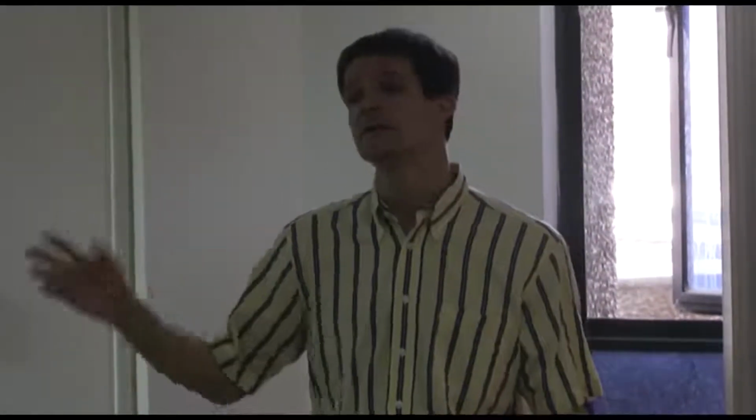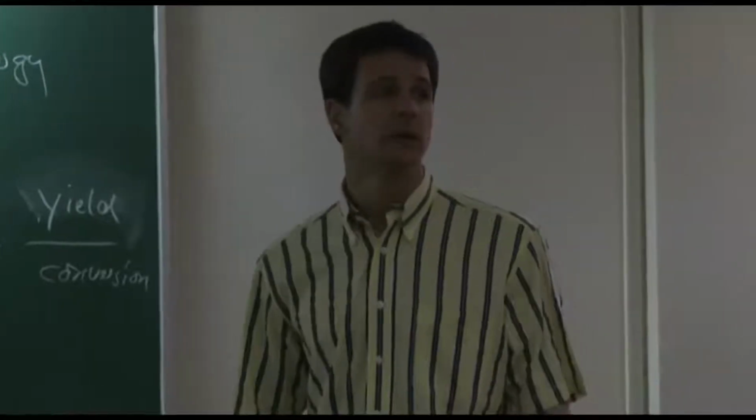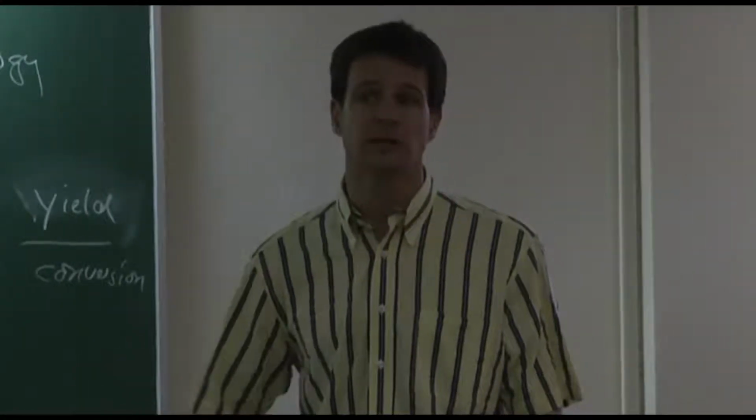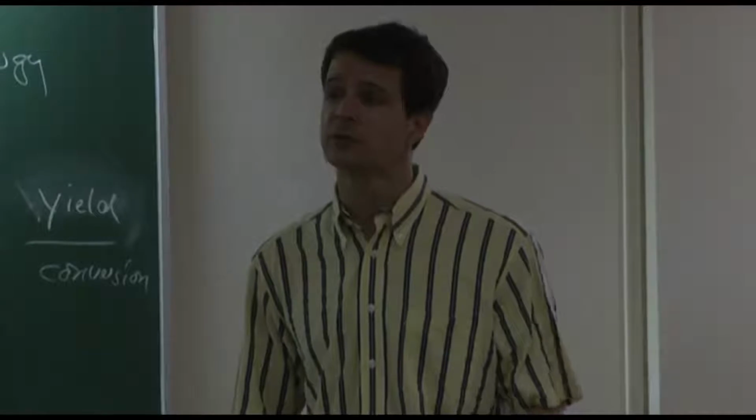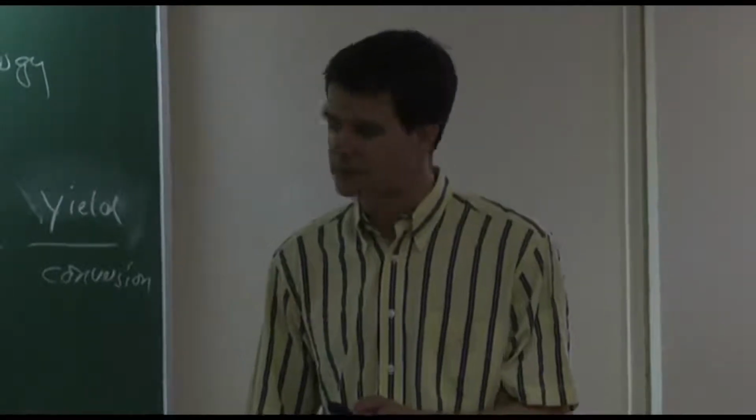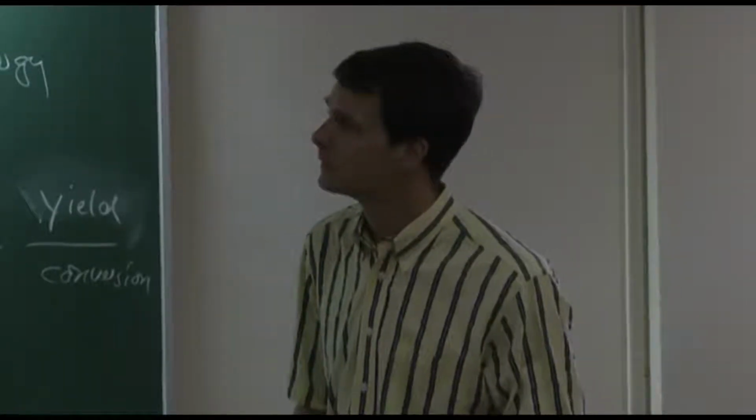So then the yields and conversions are not the same really anymore. So it's important to specify and to not just look at the disappearance of a substrate, but also at the appearance of the product. Then we get this all together.